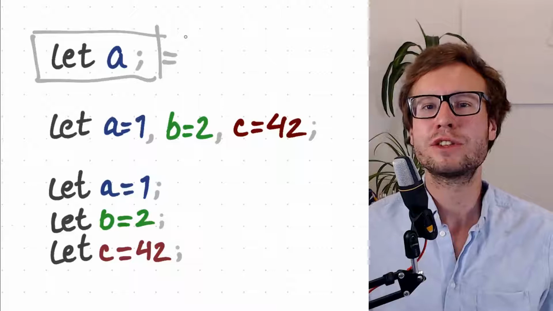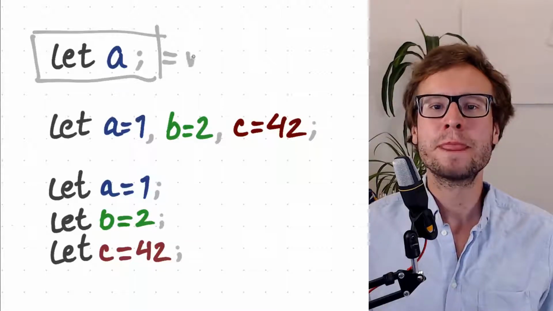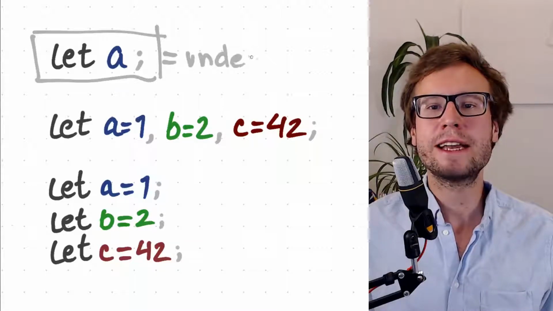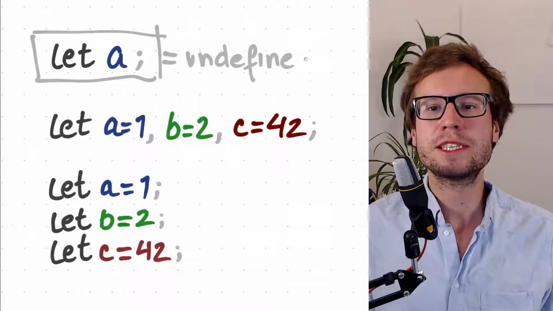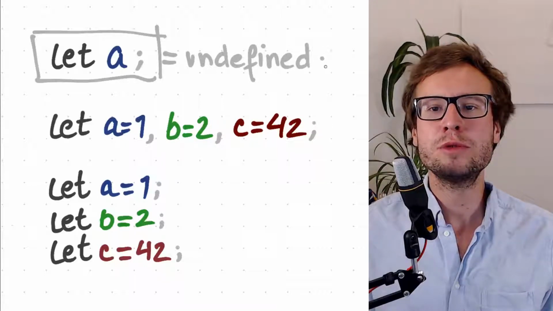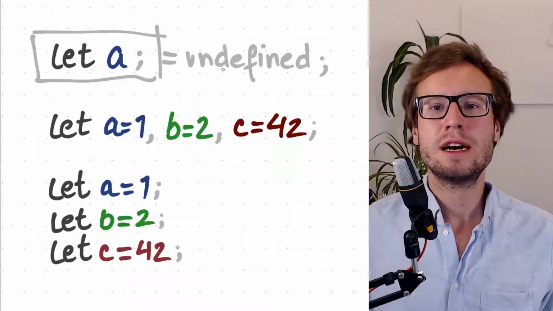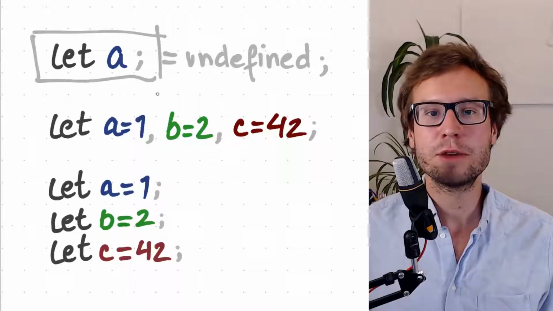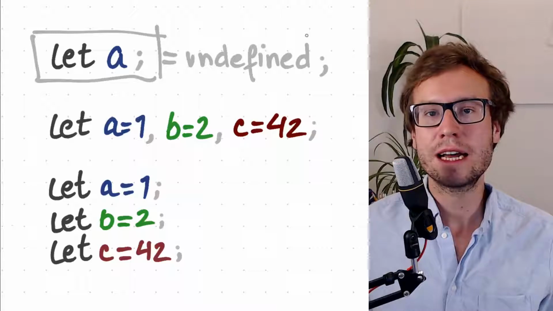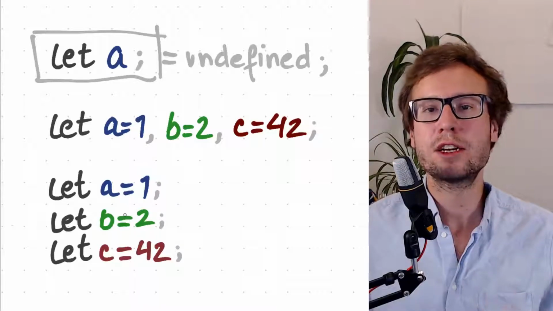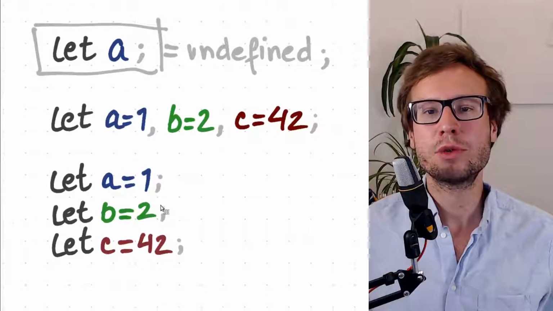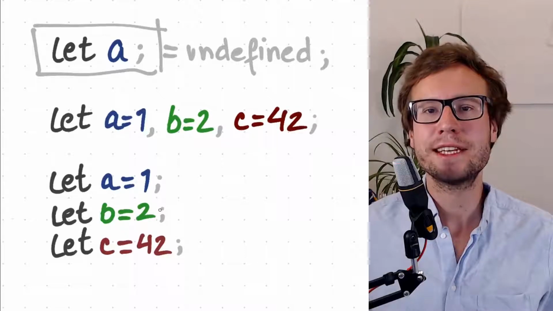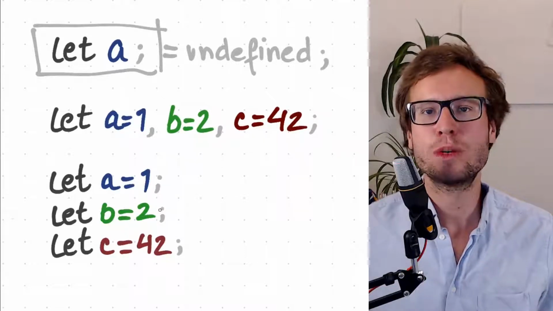There's no such thing as no value in a variable. But because we didn't give it any actual value, JavaScript is going to put the value of undefined. Undefined is going to be the value of this variable. If we just don't tell the computer what to put in there, it's going to put that there on its own. That's really the default state of a variable that never was initialized.